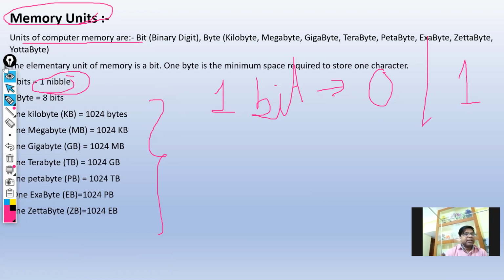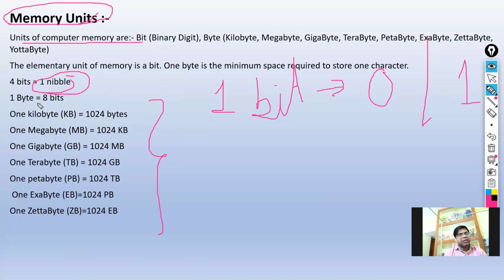Now, when I'm talking about the byte, 1 byte becomes 8 bits. 1 kilobyte equals 1024 bytes. Students, you must remember all these units. 1 megabyte equals 1024 kilobytes.